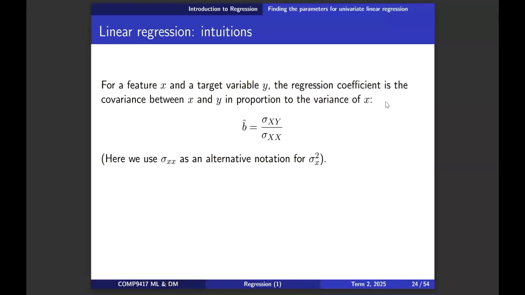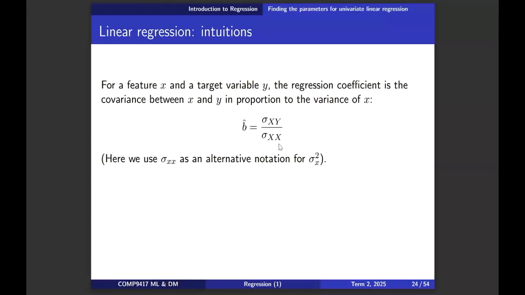It's not just that x and y move around in the same way, which tells you there could be a relationship. The magnitude of that covariance needs to be taken into account relative to the amount of variance in the actual data.